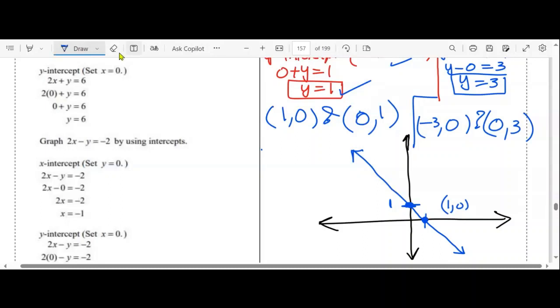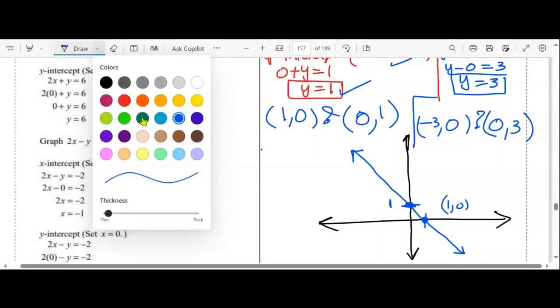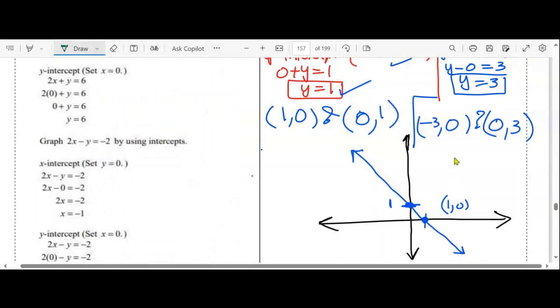Second line, I'll just choose a different color. Which color do you like? Green? Okay. 0 and 3, or negative 3 and 0. What is negative 3 and 0? Negative 3 and 0 here.